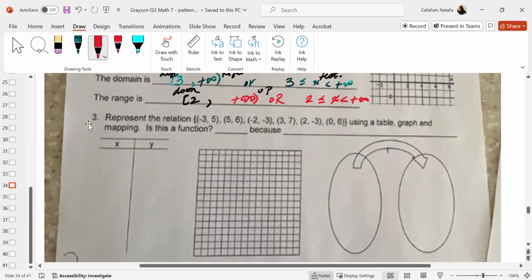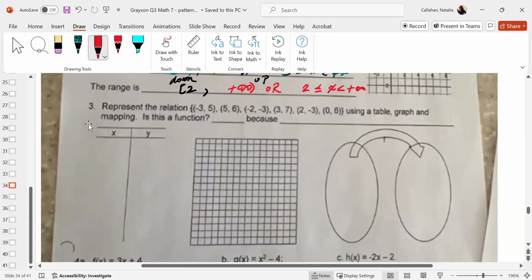Okay, number 3. Is it a function? I'm gonna pause it and have you try to. Okay, so this is a function because the x values, which are -3, -2, 0, 2, 3, and 5, do not repeat, correct?